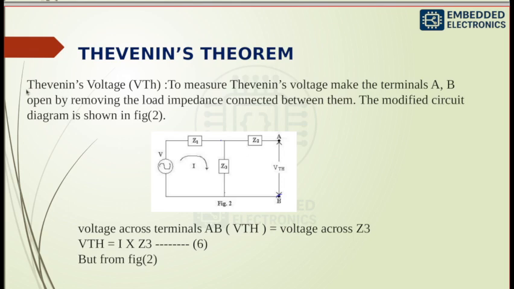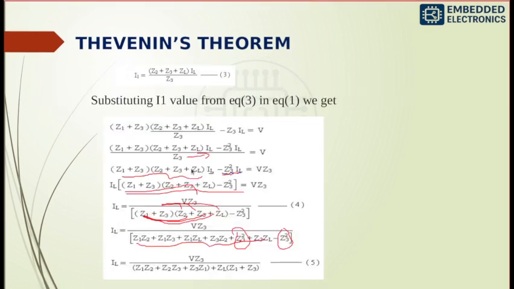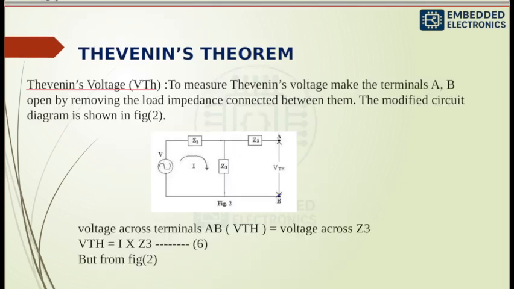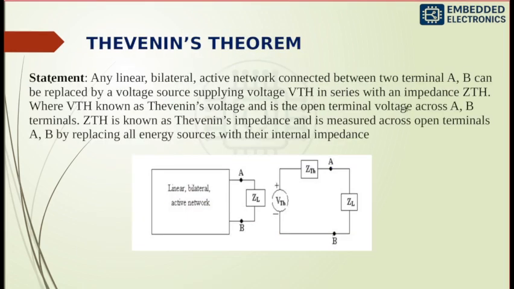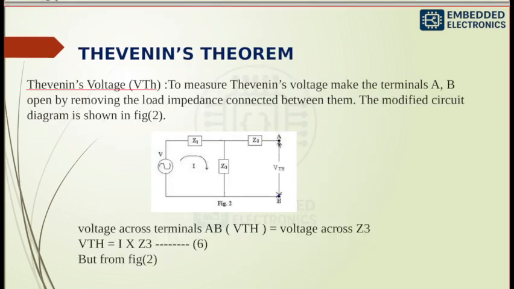Now you need to find Thevenin's voltage. Now we have the value of IL and I1. Now we need to find the value of Thevenin's voltage, meaning VTH. In the statement they already mentioned to find VTH, we need the open terminal voltage. So see here, we should do like this, open terminal.